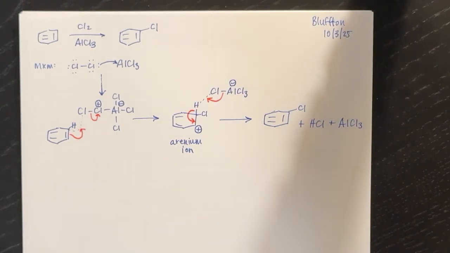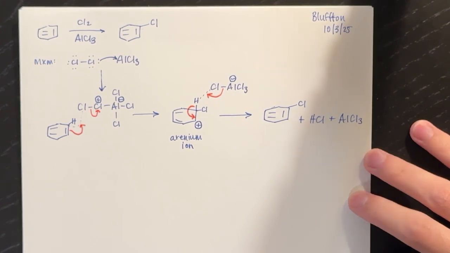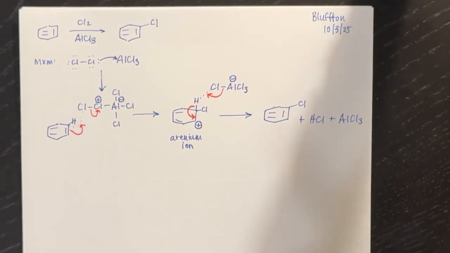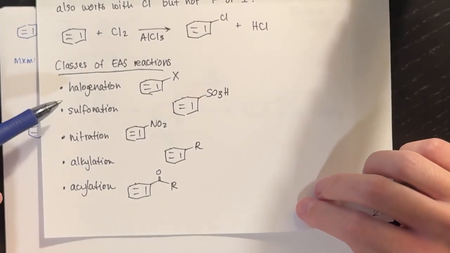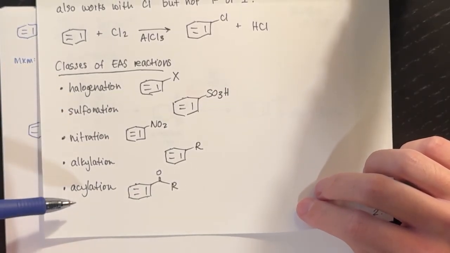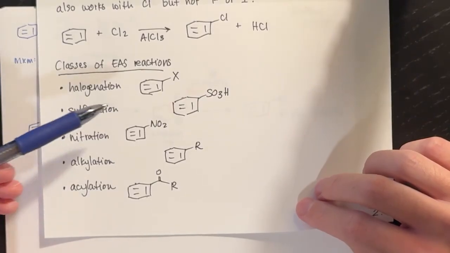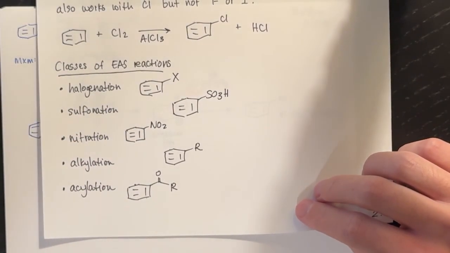Okay, so I spoke in class a little bit about the different classes of EAS reactions. Let's see, that's here. So halogenation, that's what we've talked about so far. There's sulfonation, nitration, alkylation, acylation, and these are all just installing slightly different functional groups onto the benzene ring.